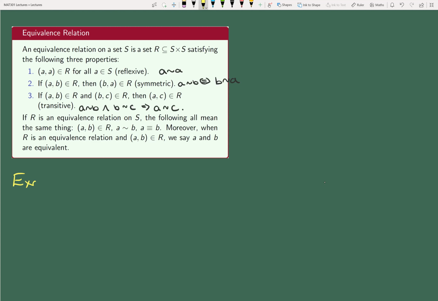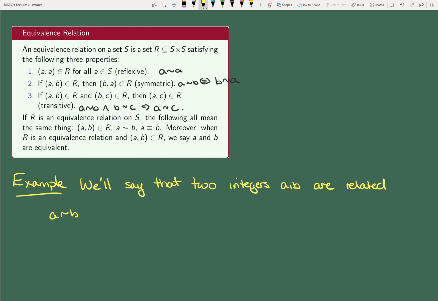So let's say example: we'll say that two integers A and B are related if there exists another integer K such that B minus A is equal to 3K.